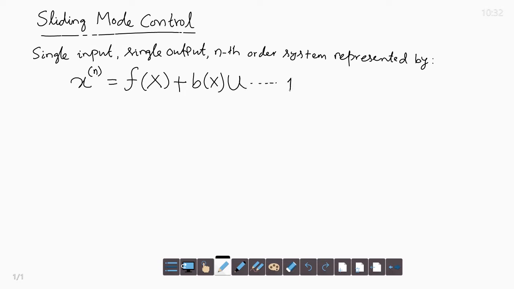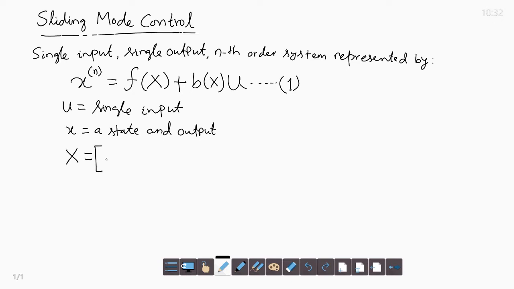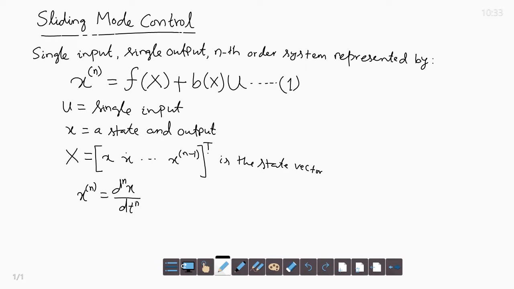This is equation 1, where u is the single input, x is the state and output, and x equals [x, x dot, ..., x^(n-1)] transpose is the state vector. So this is the system on which we are applying the sliding mode control theory. So x^(n) means d^n x by dt^n. Further, this is equation 1.